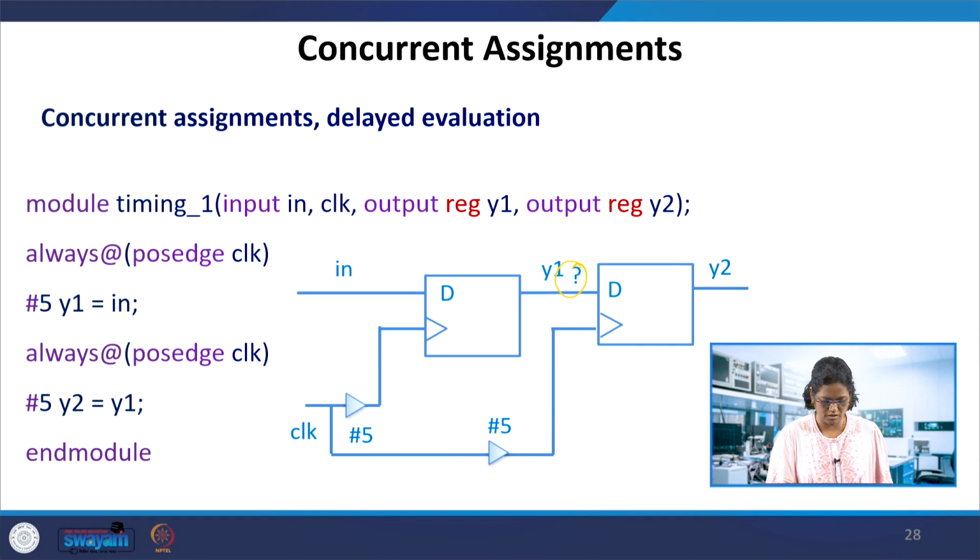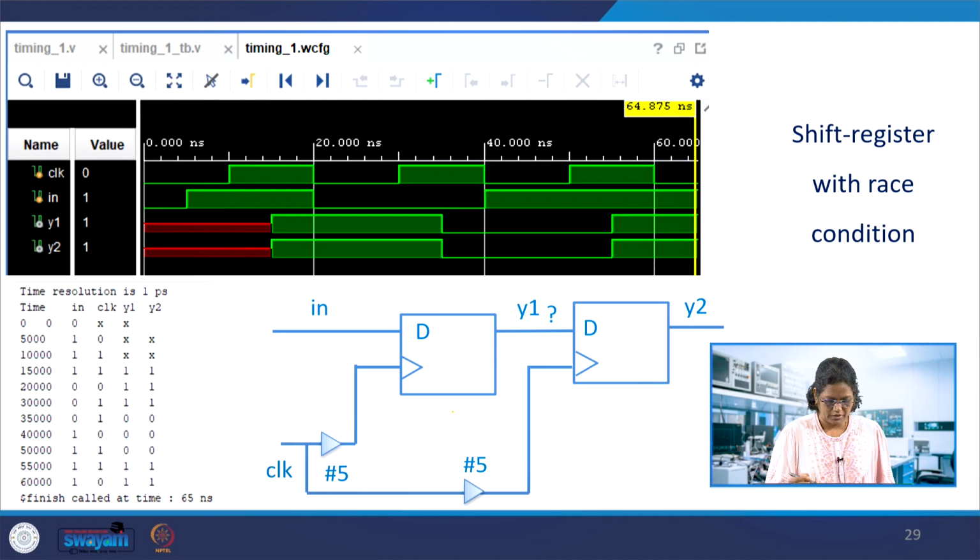But immediate assignments don't form series flip-flops; they would have the parallel flip-flop in that case. So here it is not looking at this clock edge, but at the delayed clock. At the delayed clock, it is sampled and assigned, and here also it is assigned in the simulator.